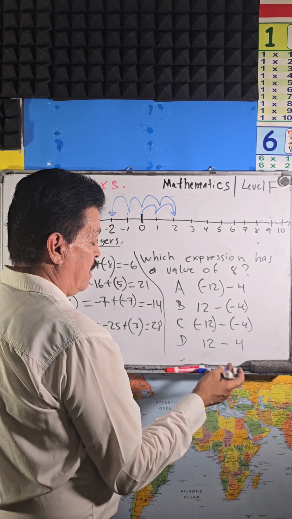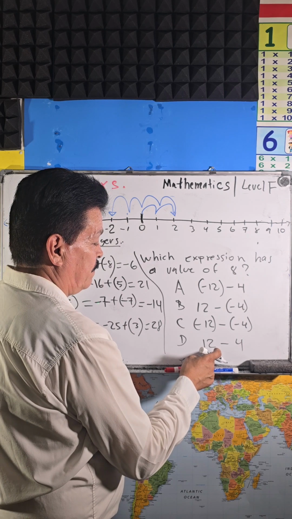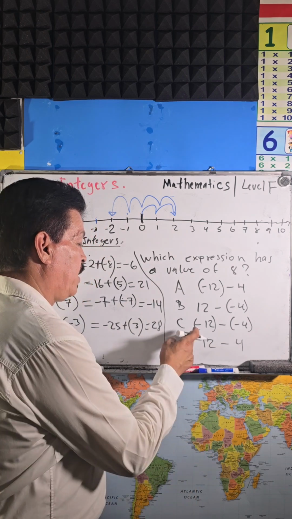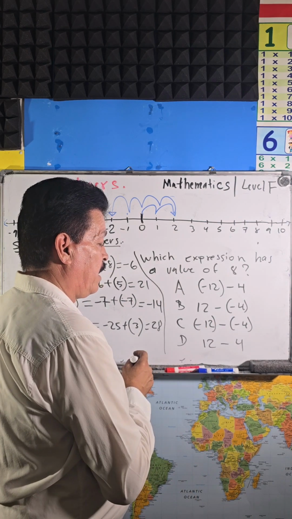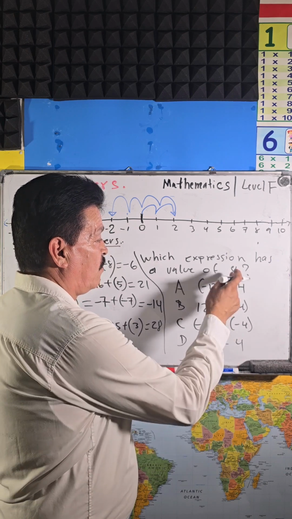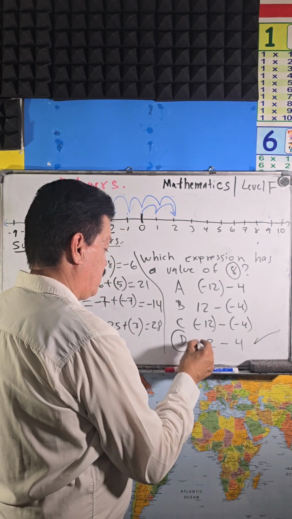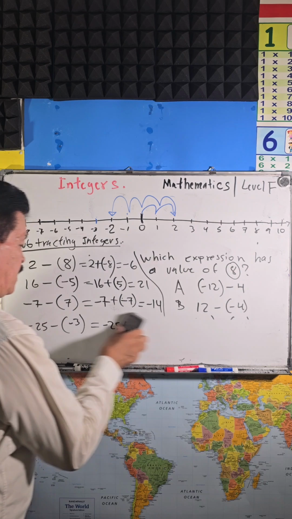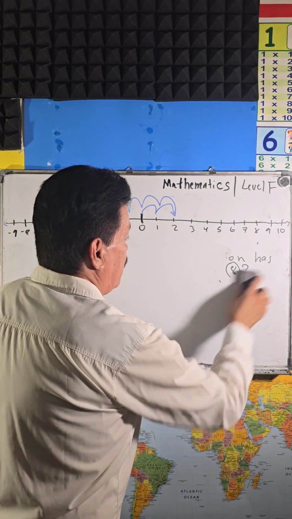And this is going to be negative 8 right here. And then 12 minus 4 equals 8, right? 12 minus 4 equals 8 right here. That's the right answer. See? Okay. That's it for this. So let me go to the next step.